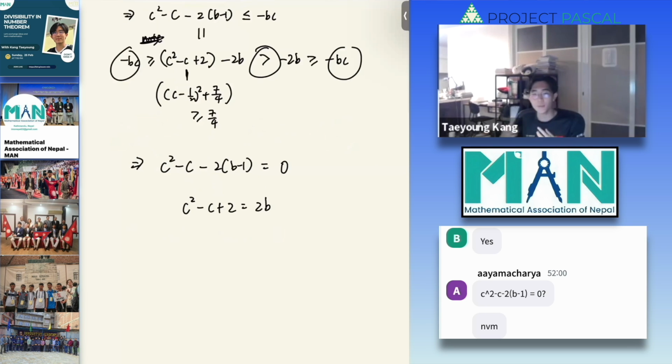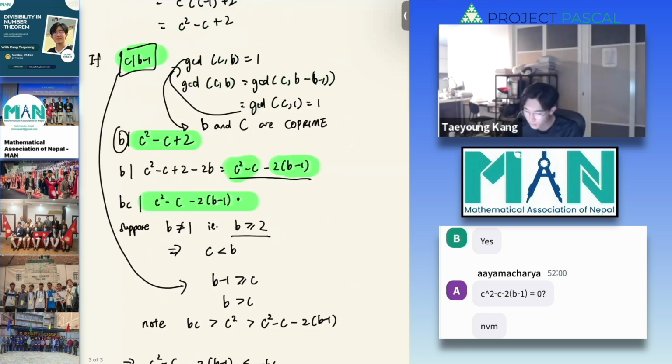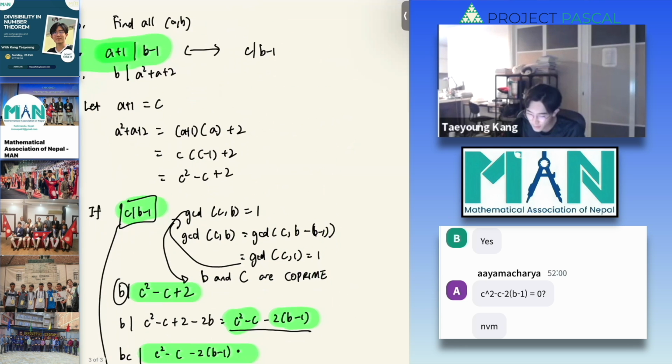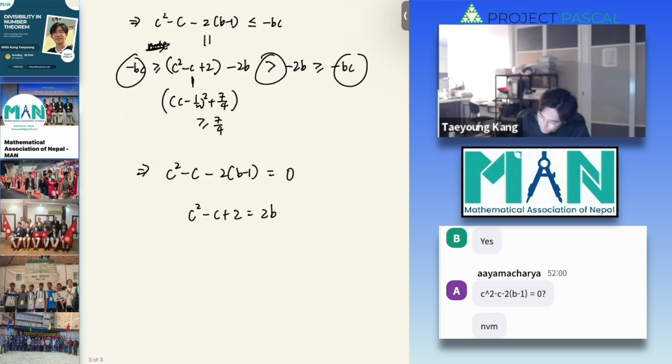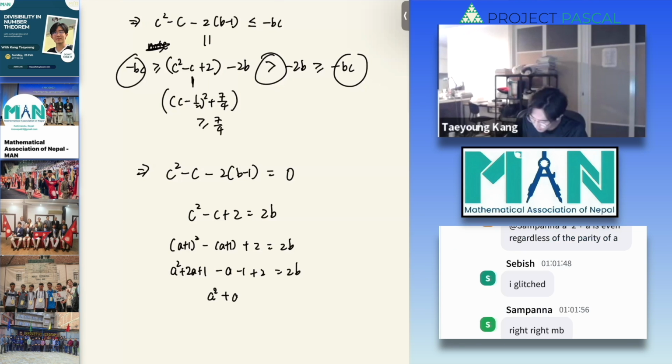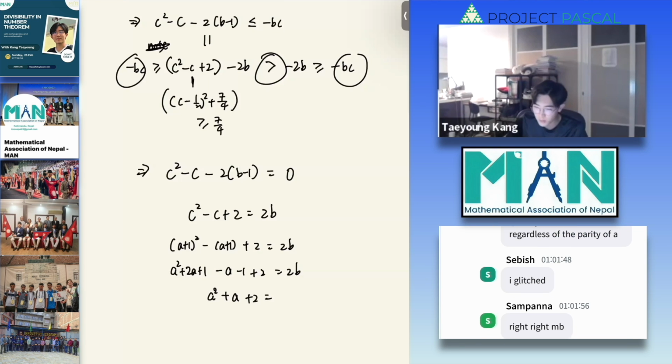Okay, so what do we substitute c to be initially? We let a plus 1 equal c, right? So a plus 1 squared minus a plus 1 plus 2 is equal to 2b. And this is a squared plus 2a plus 1 minus a minus 1 plus 2 is equal to 2b. So you have a squared plus a plus 2 is equal to 2b.